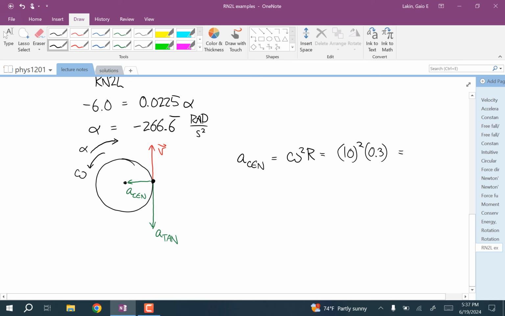So that is 30 meters per second squared. And that's in the negative i direction. So negative 30 meters per second squared times i.